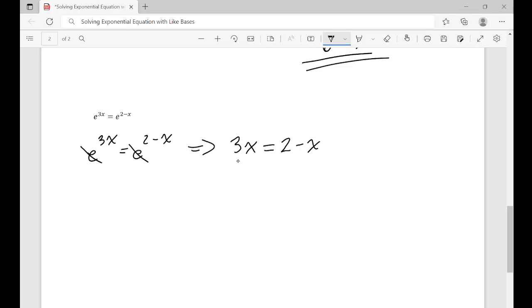So I'm going to add x over, get 4x equals 2, then divide by 4. x is going to equal 2 over 4, which we can say is just 1/2. So the answer to this exponential equation with a similar base is 1/2.